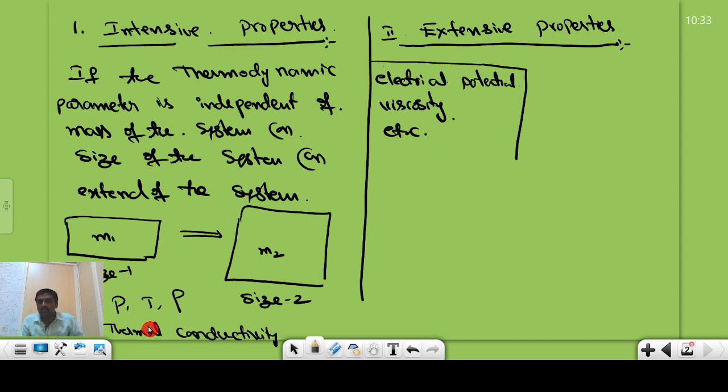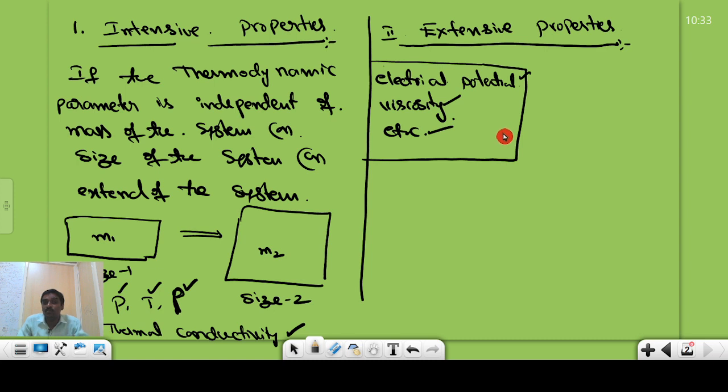Let me concentrate here. So the parameters of pressure, temperature, density, this rho is the density, thermal conductivity of the material, electric potential of the material, viscosity of the material, and some more examples. So these parameters are independent of the size of the system. These parameters are called intensive properties of the system.